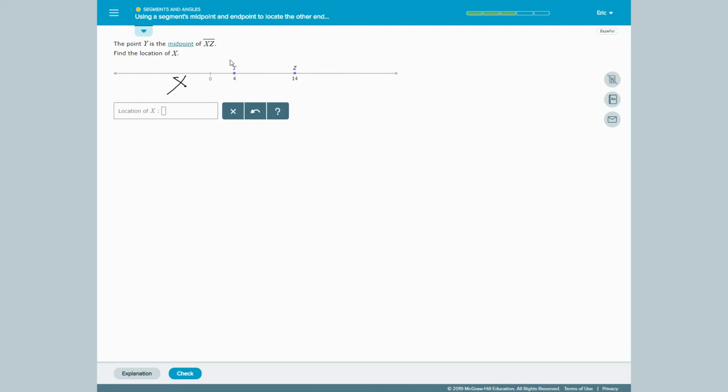The midpoint is smack dab in the middle. That means that the distance from y to z will be the same as the distance from x to y. So we just have to find the distance from y to z. Remember, distance is just the absolute value of the subtraction. So 14 minus 4 is negative 10, which is just 10.